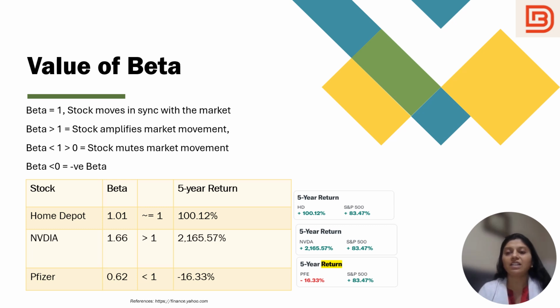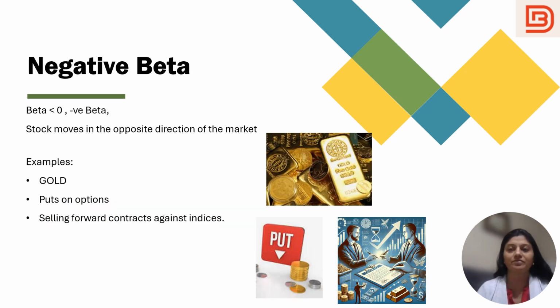Hence, it is supposed to be a less volatile stock and is also called a defensive stock. Here, the numbers are approximate due to the current market, but overall, the pattern remains the same for given value ranges. Sometimes, assets also have negative beta value, which we'll go over next.